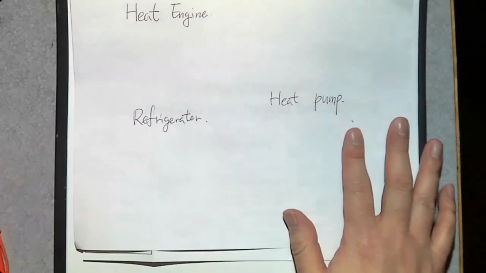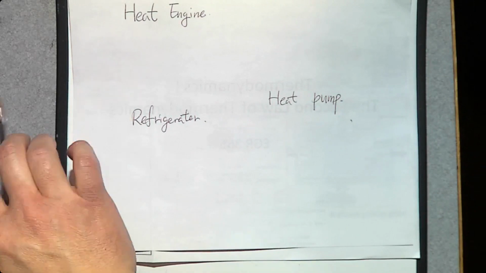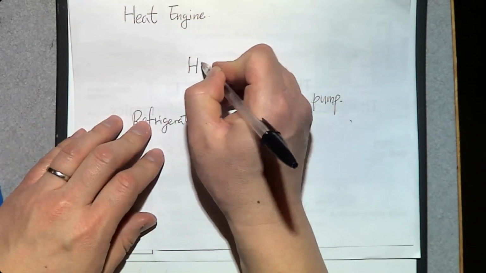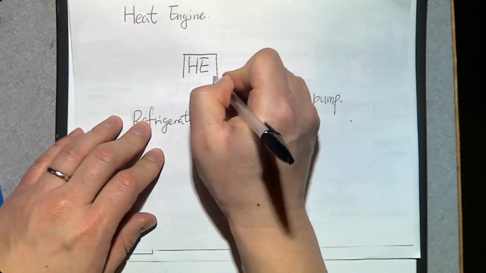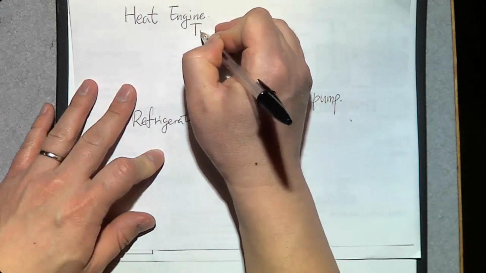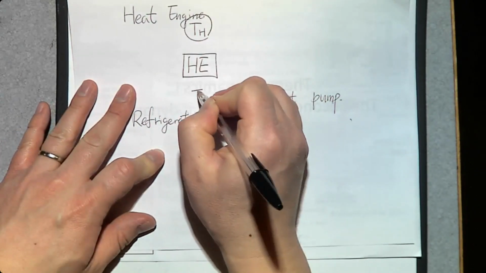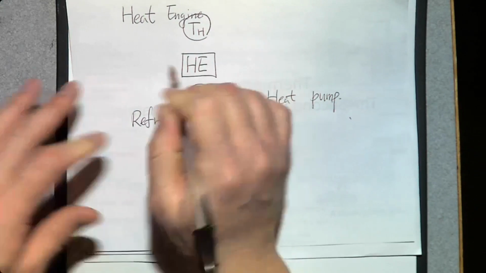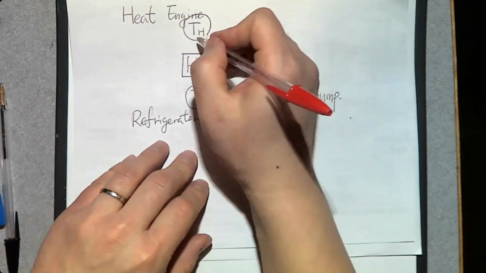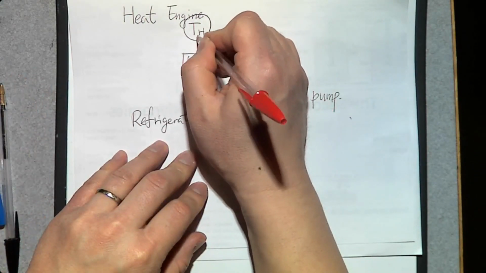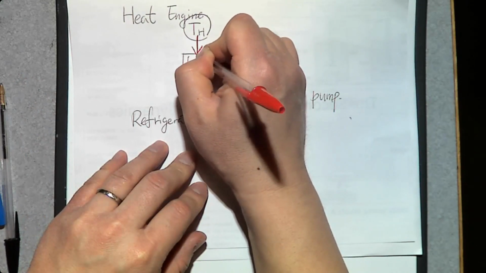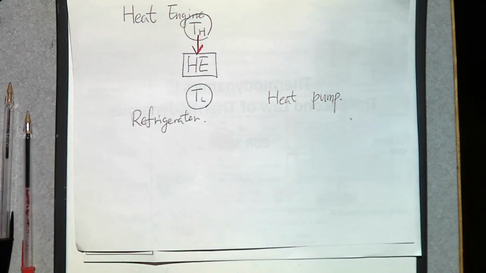So in this heat engine, we have two thermal energy reservoirs. One is at high temperature, the other one is at low temperature. We use high temperature heat to produce steam to run a turbine, and the turbine runs a generator to produce work.